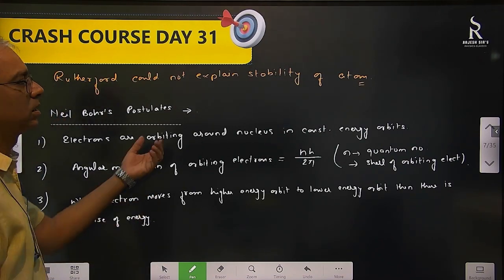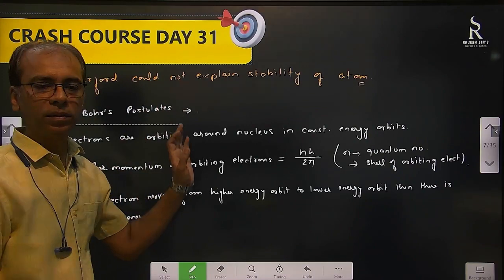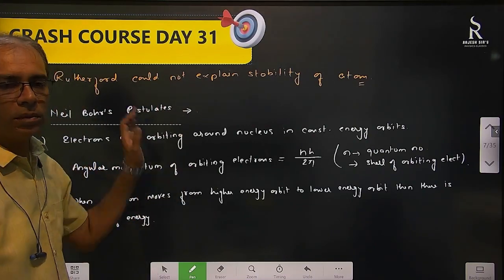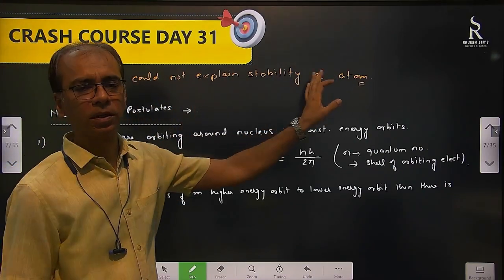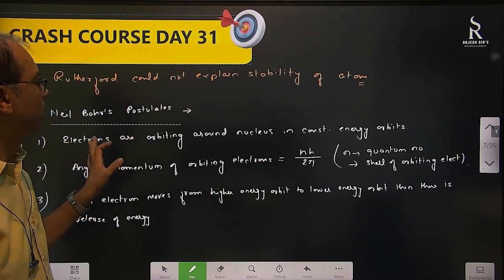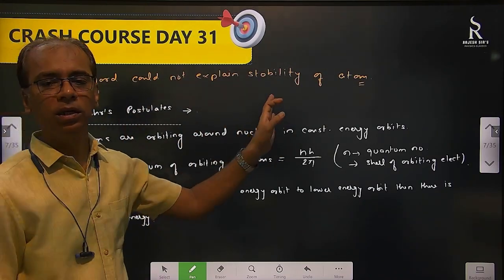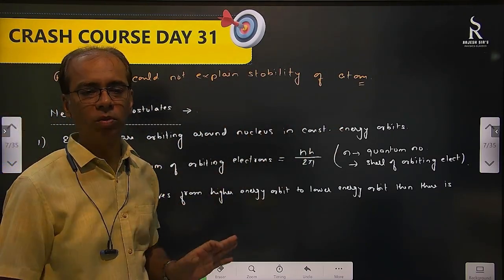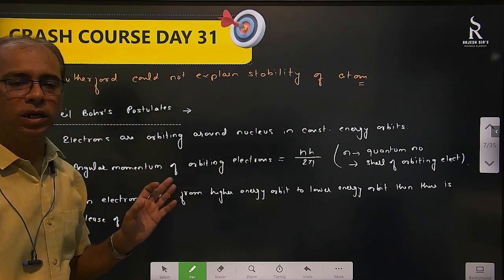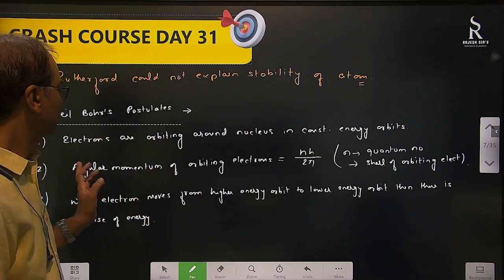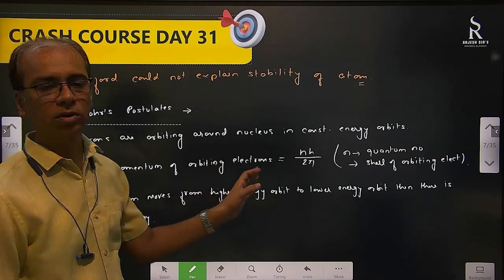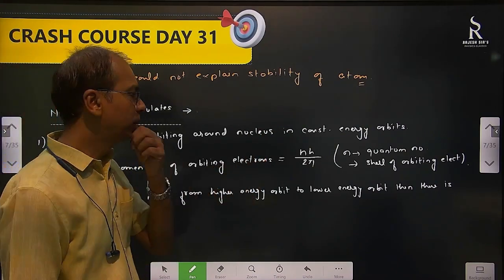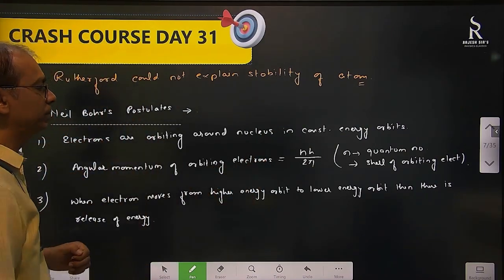This is in addition to what Rutherford said, Niels Bohr said. Rutherford failed only in this aspect. So Niels Bohr considered that electrons are orbiting in constant energy orbits, so there is no point of electrons losing energy while orbiting. Second, angular momentum of orbiting electrons, mvr. Angular momentum is L, and L is equal to nh by 2 pi.